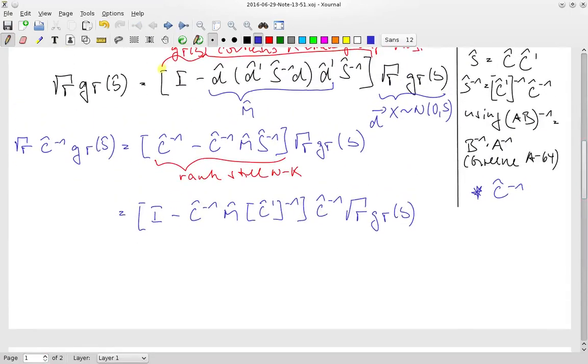Well, this matrix here, by the way, the rank of this matrix is still n minus k. Didn't change that, the rank in any case. But what you can show is that this is an idempotent matrix.